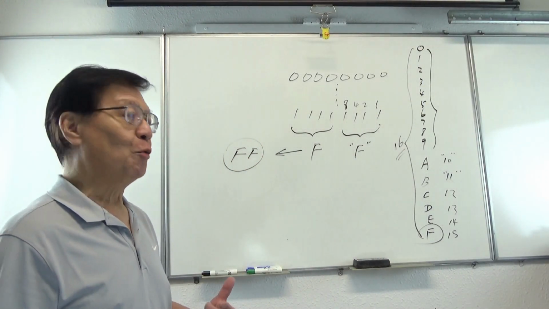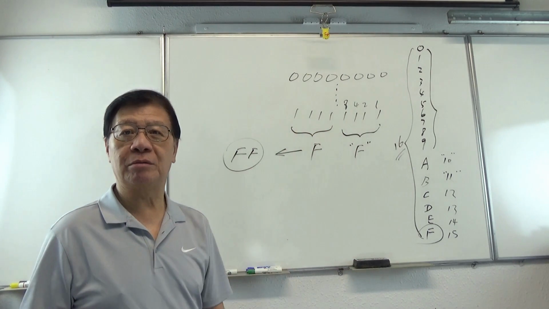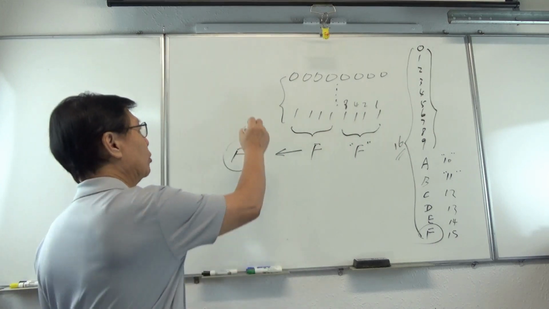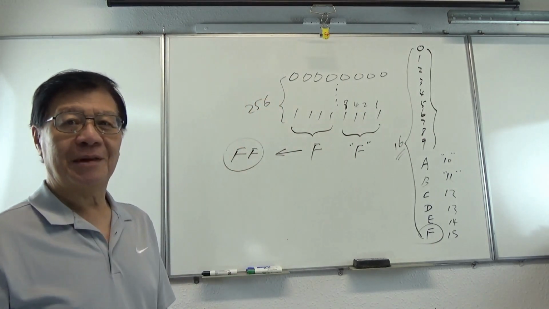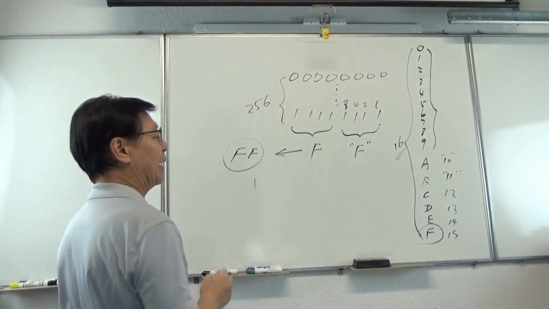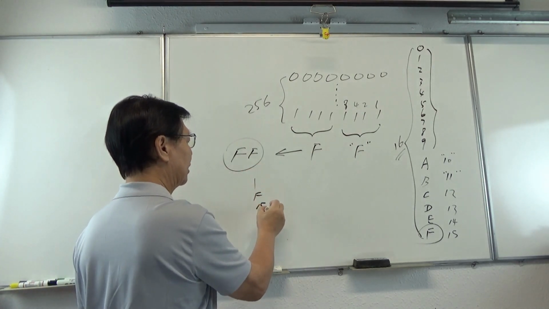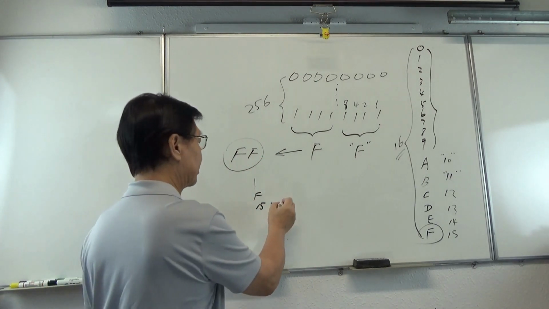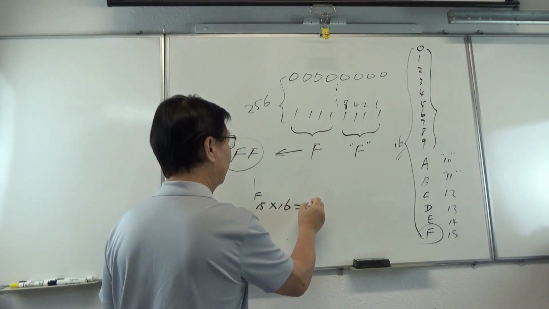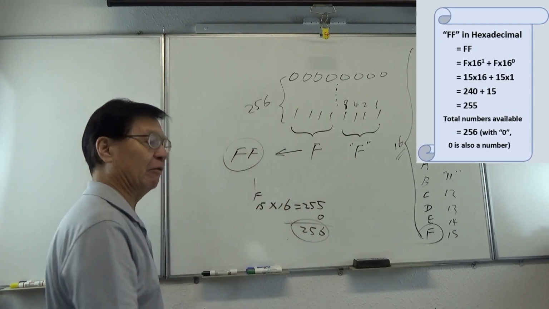So you may have an argument. How do I prove it's the same value? Because from here to here, remember, there are 256 numbers. How do we prove FF is 256 again? Based on the 16, F is 15, right? It's 15 times 16. You will have 255. But add the 0, so that means 256 numbers are available.